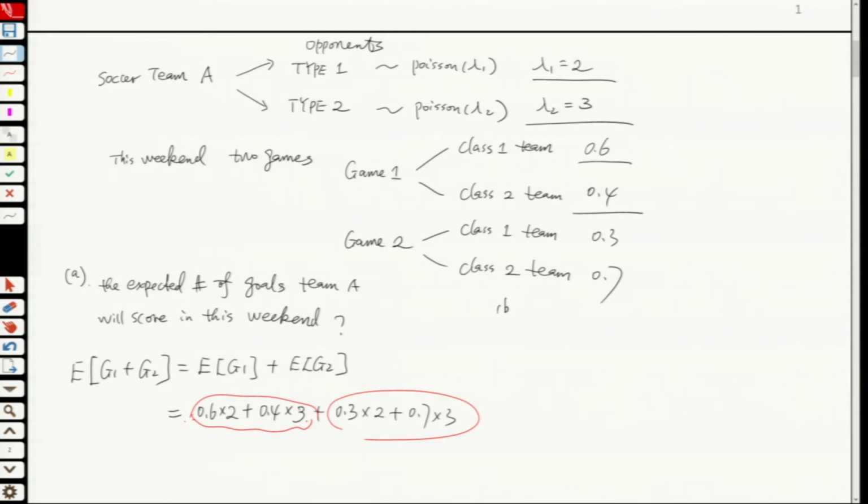Now, for problem B, the probability that team A will score a total of 5 goals. Okay.